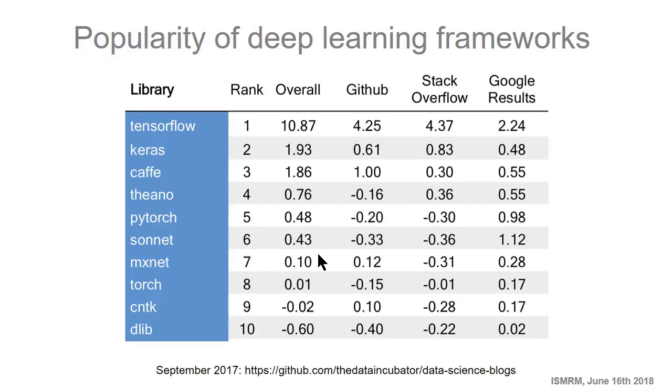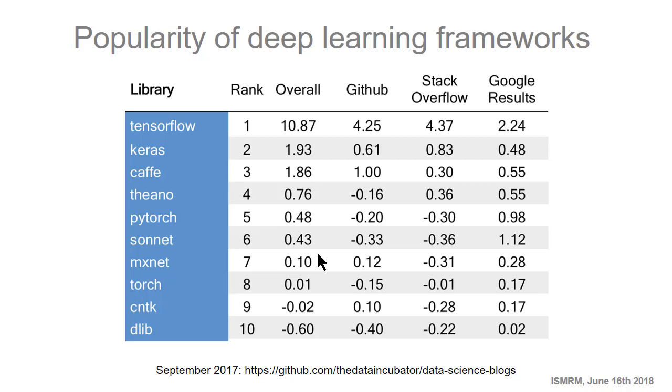So people come up with these rankings of what's really popular based on, for example, how many GitHub contributions there are, how often these are referenced on portals like Stack Overflow. And so this is a top 10 of the current, it's actually half a year old, but most popular deep learning frameworks, so let's start there.